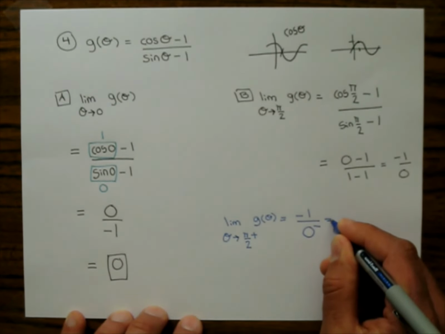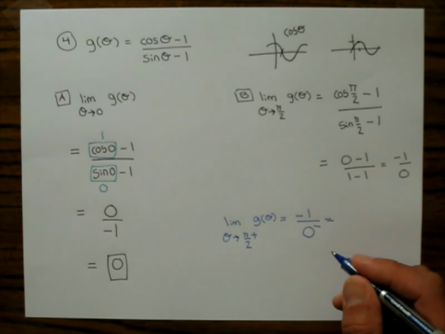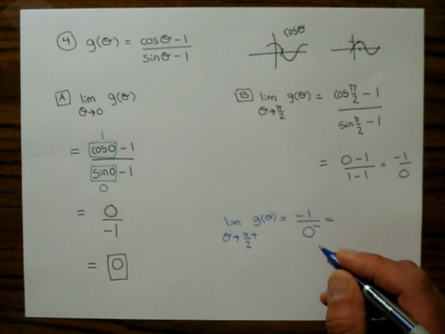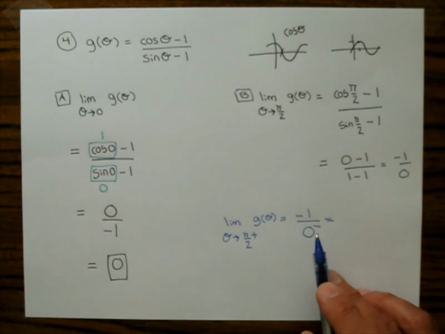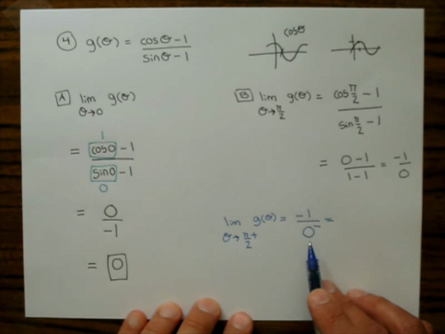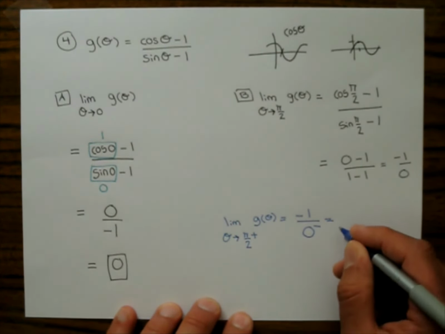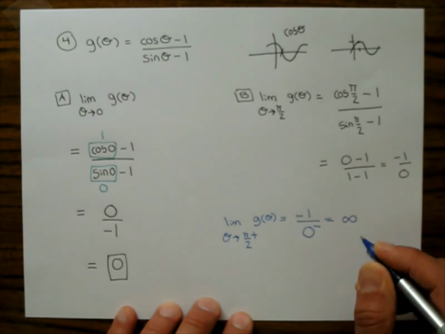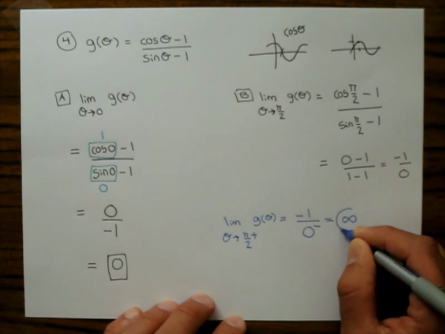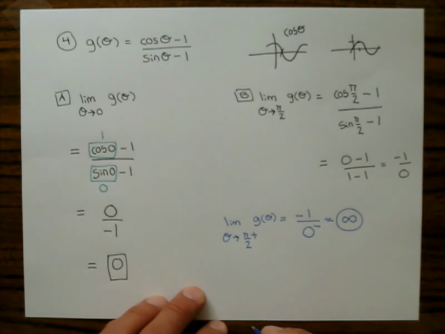So we have a -1 on the top and a very small negative number on the bottom. That's going to give you an infinity.